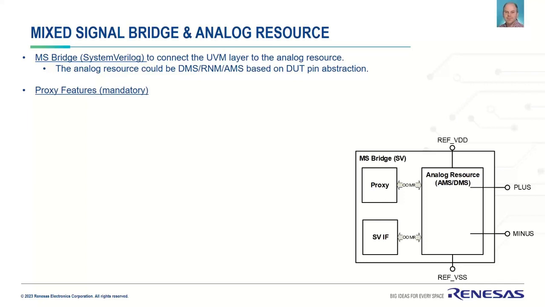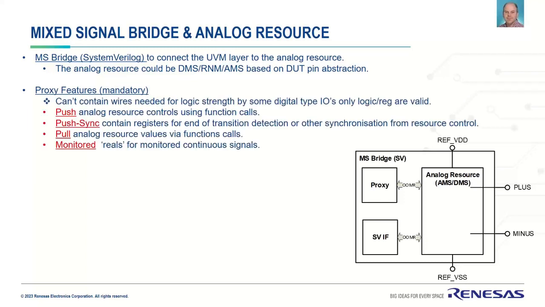Loads of people go, why? SystemVerilog's really powerful, I can do all of that. Yeah, go to AMS, you've got logic and you've got electrical, and if you go to wreal, you introduce all manner of other problems, and when you start to go to bus ports, you're just going to go down a path that you'll be fighting simulator errors. So out of module references is the way to go.